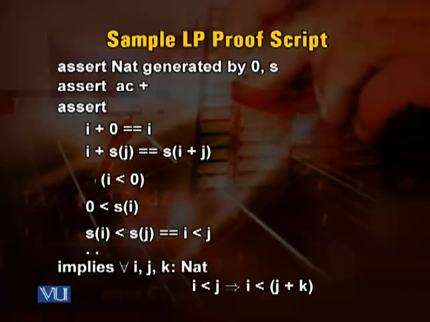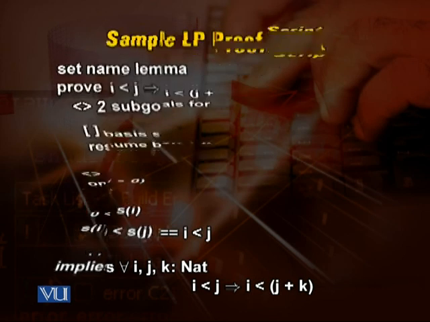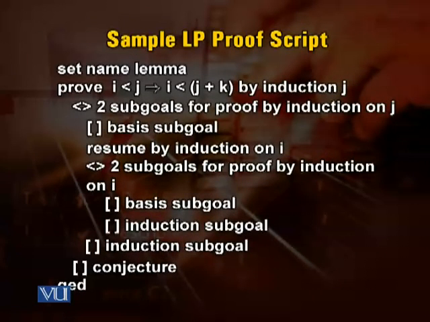Then we have the assert: nat generated by 0 comma S, assert AC plus, assert I plus 0 is equal to I, I plus S J is equal to S of I plus J, not I is less than 0, 0 is less than S I, S I is less than S J equal to I less than J. So the assert command supplies the LSL axioms relating the operators, and the nat generated by assertion provides an induction scheme for nat.